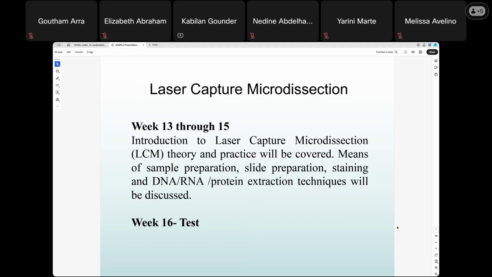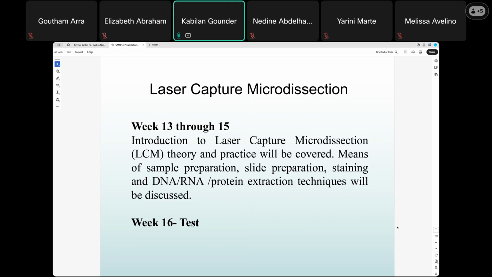Laser capture microdissection is another important technique that we are going to discuss. What is laser capture microdissection and how does it differ from other light microscopes like the bright field microscope or the fluorescence microscope?